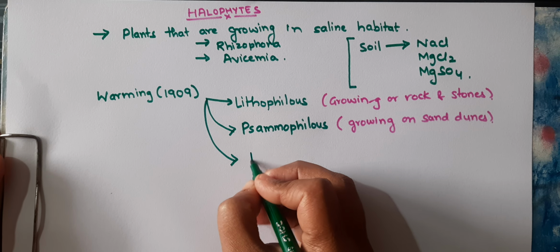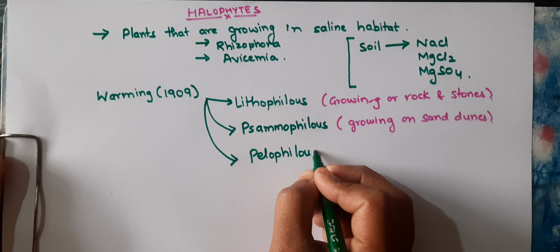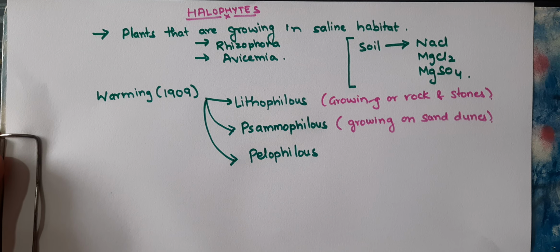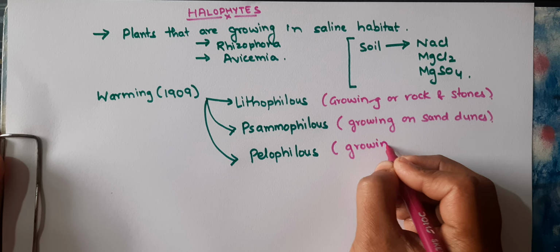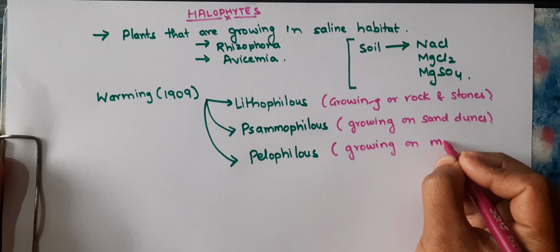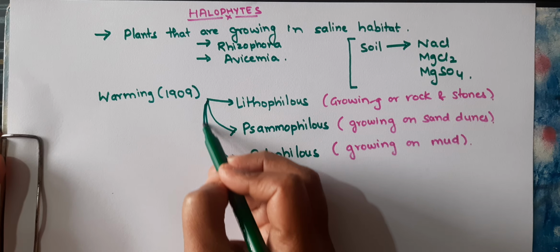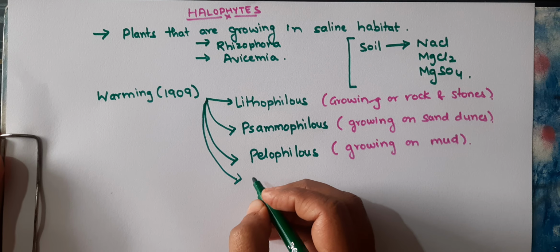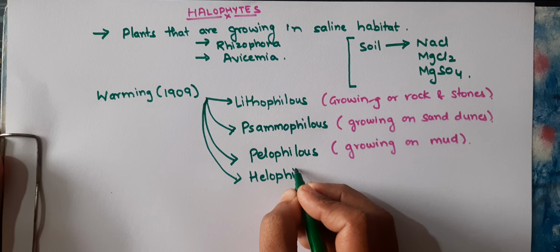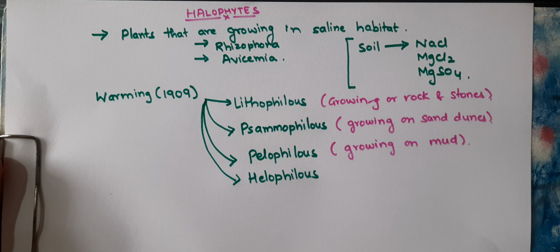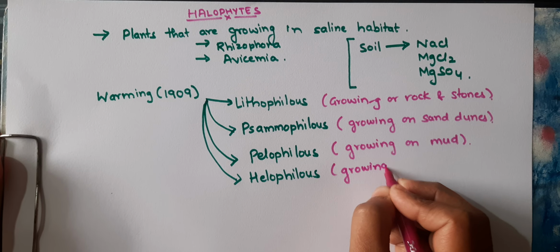The third group is Pilophilus, also called Pilophile. Pilophile are the plants that are growing on mud. And the fourth group is Helophilus or Helophile. The Helophilus group consists of the plants that are growing on swamp.